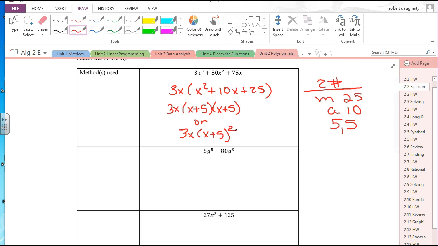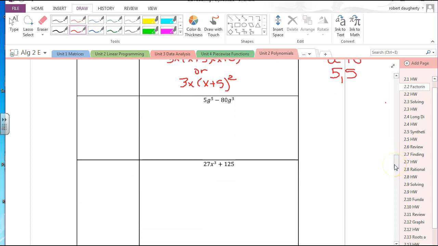What about the next one, okay? Do they have anything in common? 5g what? Cubed. Okay, so 5g cubed. What do I multiply 5g cubed by to get 5g to the 5th? G squared, okay. What do I multiply 5g cubed by to get a negative 80g cubed?